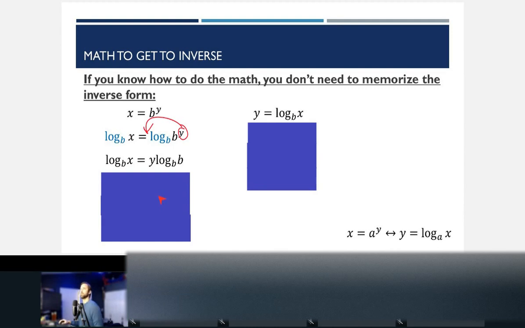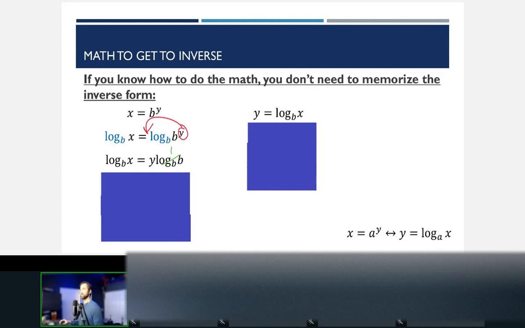All right, next. Whenever you have log base b of b, whenever these numbers match, this is always going to be equal to 1. So if that was log base 5 of 5, it equals 1. If that was log base 10 of 10, it equals 1. So this piece becomes a 1.